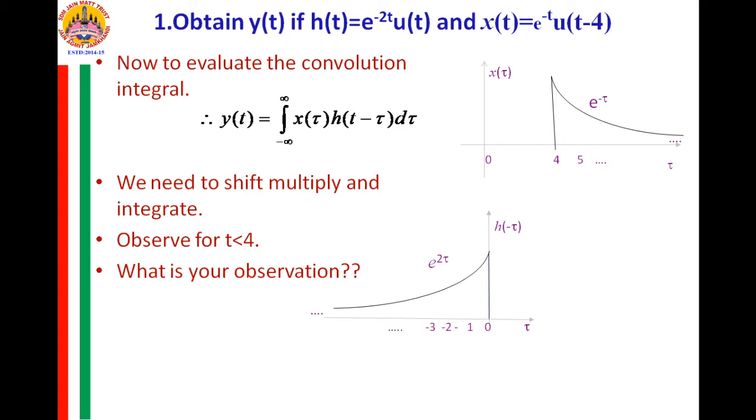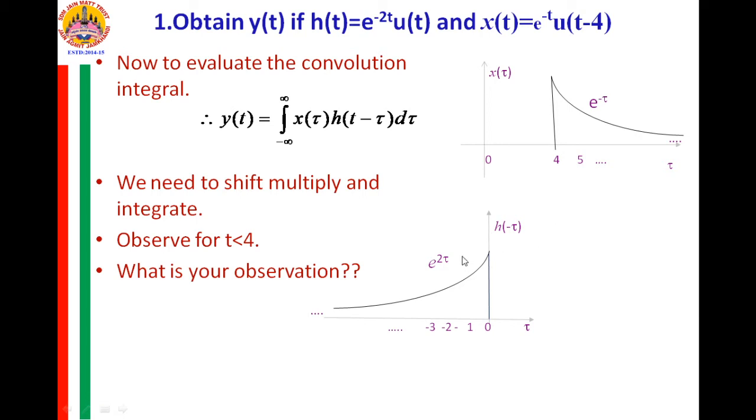There is no point in going on shifting this h of minus tau to the left side, because then there will be no overlap between x of tau and h of t minus tau, and the product will definitely be 0. So what we do is we go on shifting it to the right side.